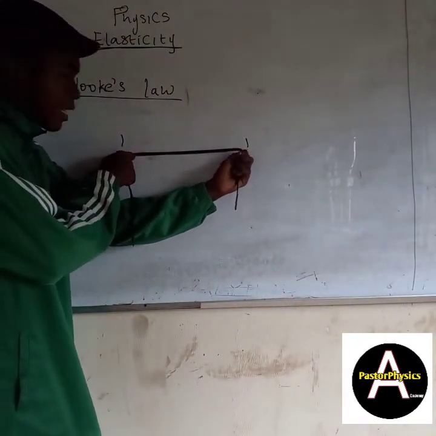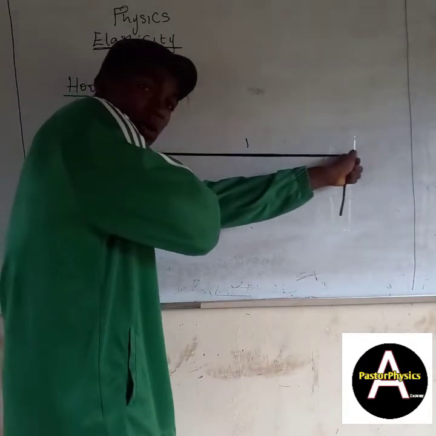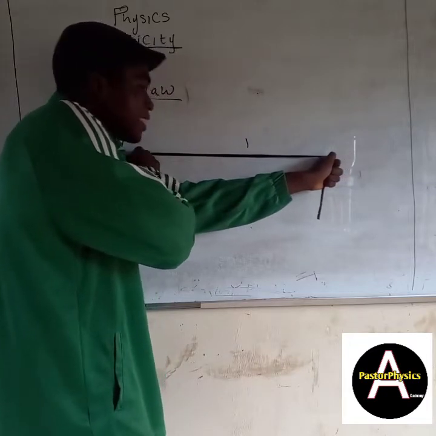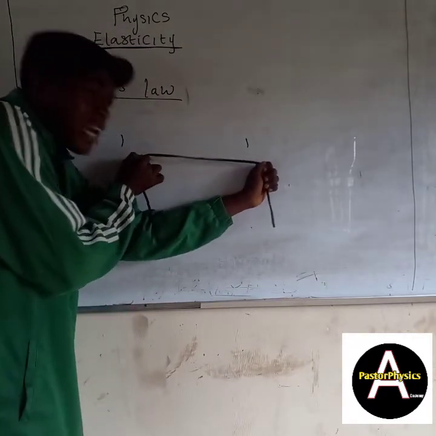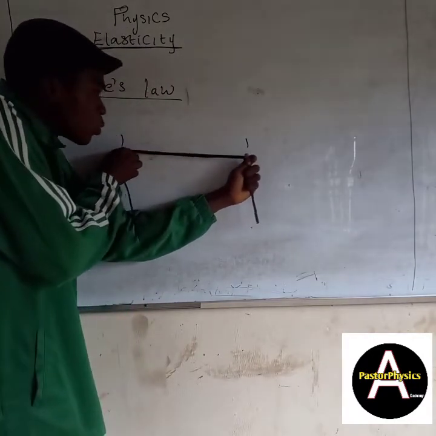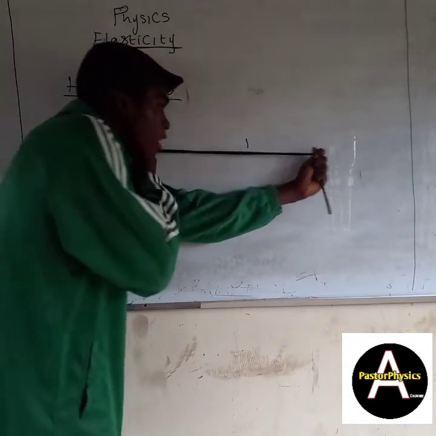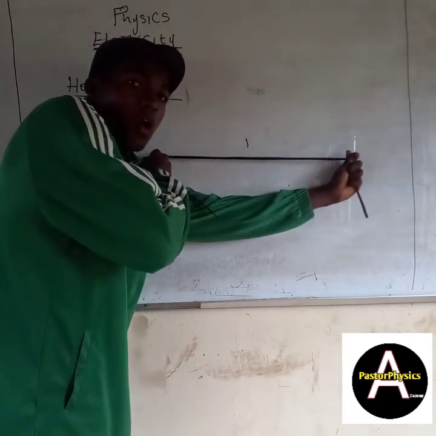Now if I apply an external force to this rubber, what will happen? There will be an elongation, right? Now discover something. This rubber is extending depending on the amount of force I have applied to it. If I apply a smaller force to this rubber, it will extend a little. If I apply more force to the rubber, it will extend more. If I apply more and more force to it, it will extend more. What does that tell you?